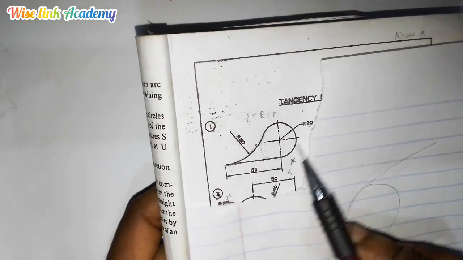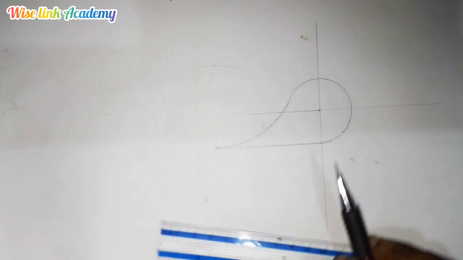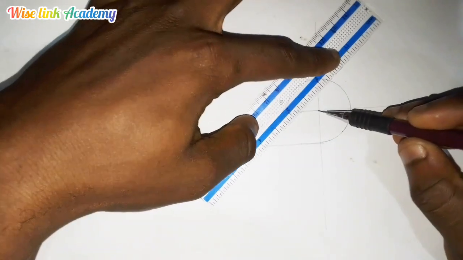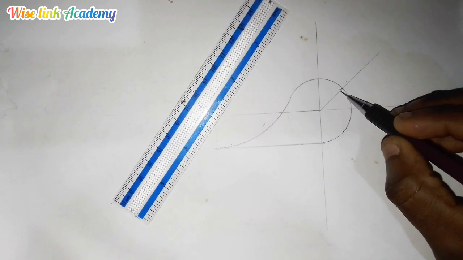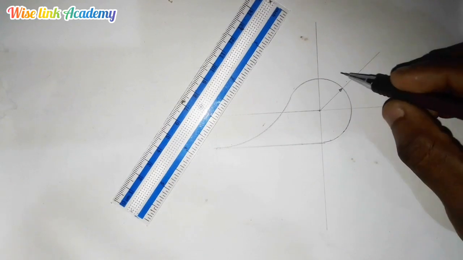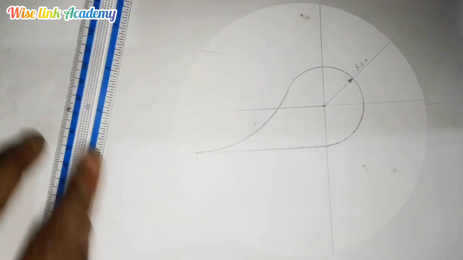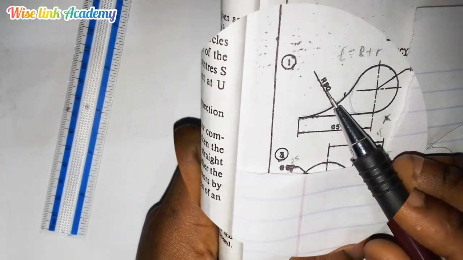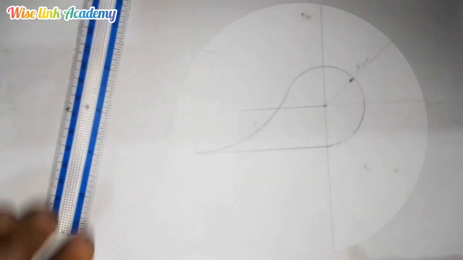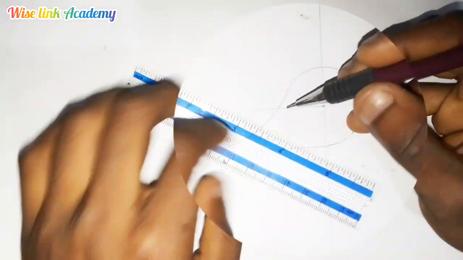Let's now indicate the dimensions. You need to indicate. So from this point to this place is radius 20. Let's do that. From this point upward, here's our radius 20, isn't it? Let's proceed. This arc here is radius 50. So you put your meter rule to this arc here.